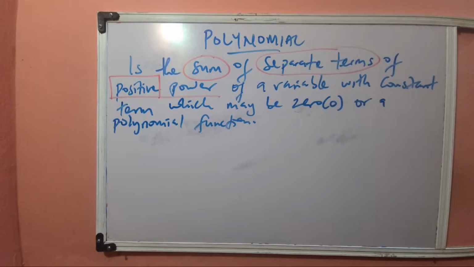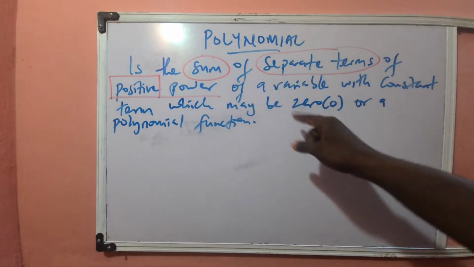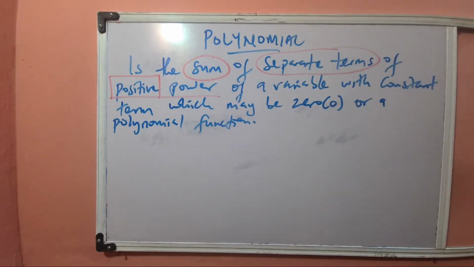They're like placeholders. In mathematics, we signify variables using alphabets in some cases, or using some symbols. So when we talk of variables, we talk of x value, y value, p value, a value, and so on. So with constant term, which may be zero, or a polynomial function.